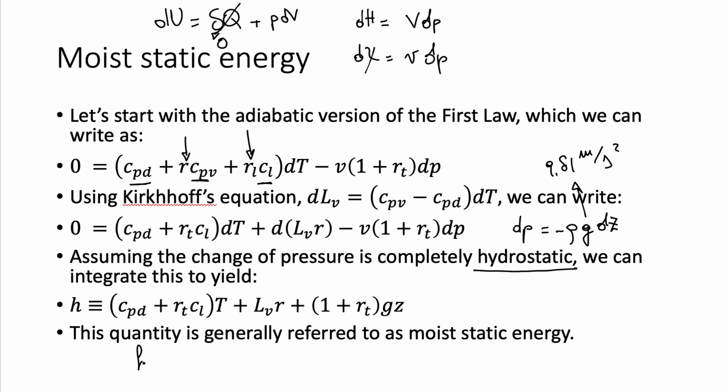Sometimes we approximate it because, life is short, and RT is a lot smaller than 1, and so you can approximate this with CPD T plus LV r plus gz. Why are we getting rid of this and not this?